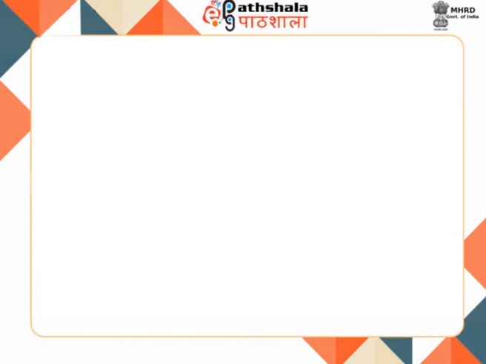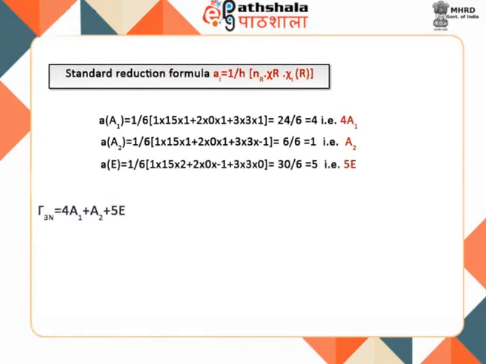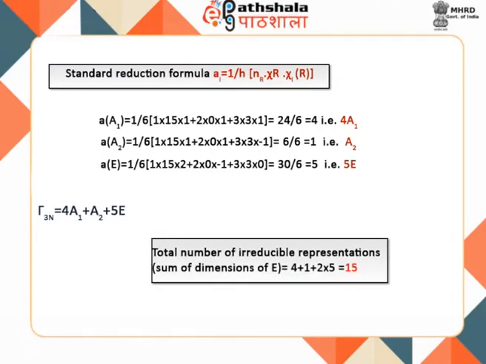Hence, on using the standard reduction formula, we get the results as shown. Tau 3n comes out to be equal to 4a1 plus a2 plus 5e. The total number of irreducible representations is the sum of dimensions, which equals 15.